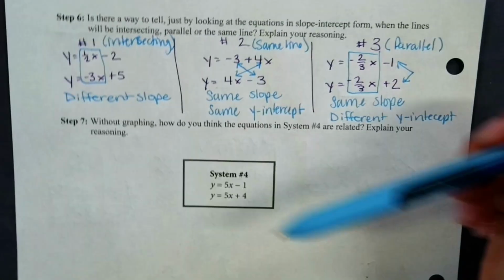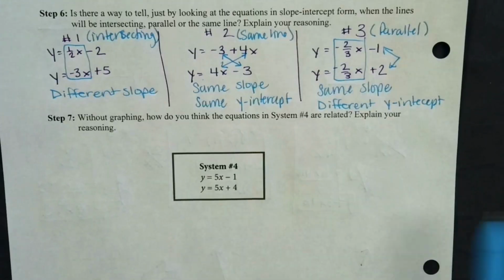Okay. All right, so without graphing, I want you to write, what do you think system 4 is and how do you know that?